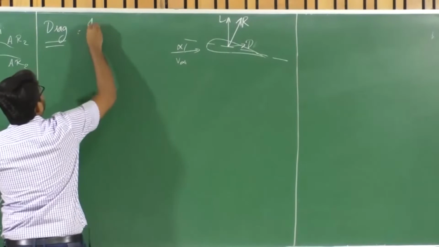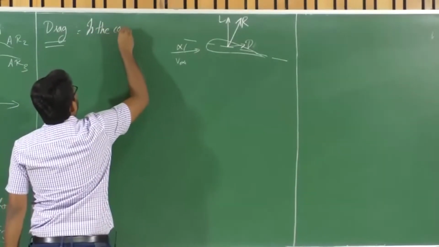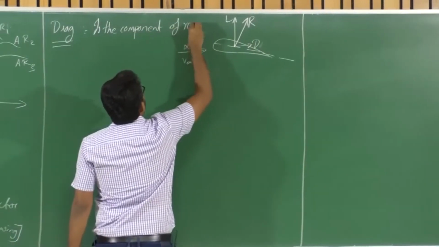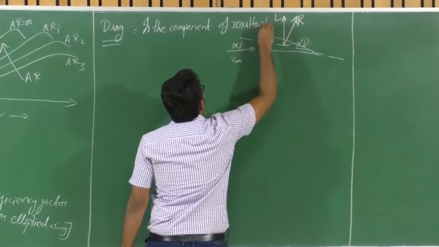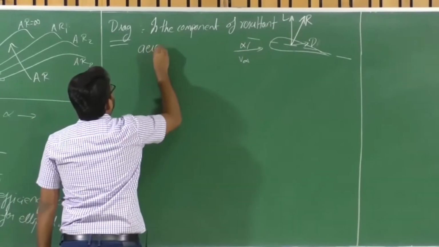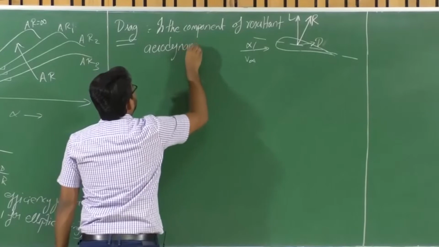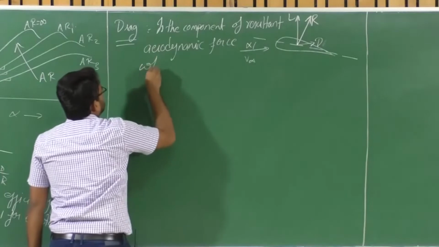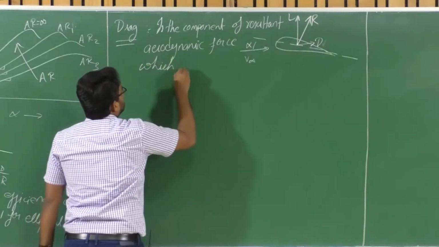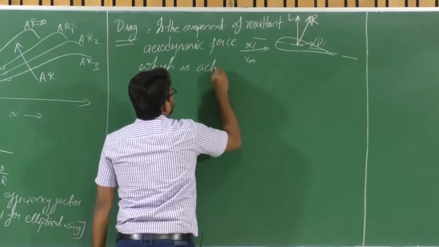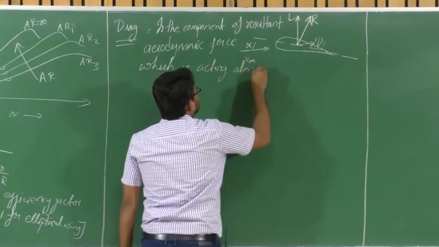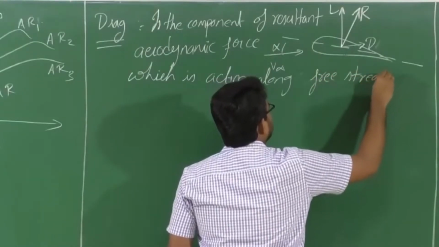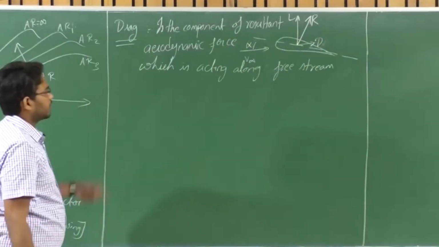So drag is the component of the resultant aerodynamic force which is acting along, or in the direction of V infinity.